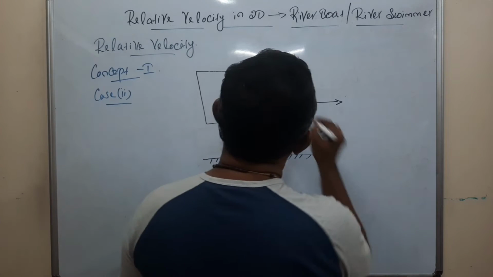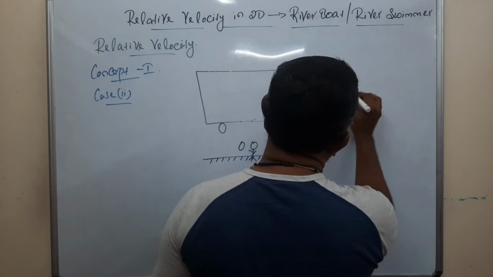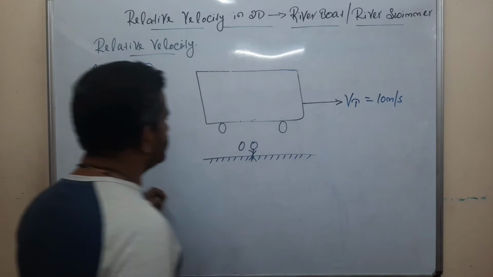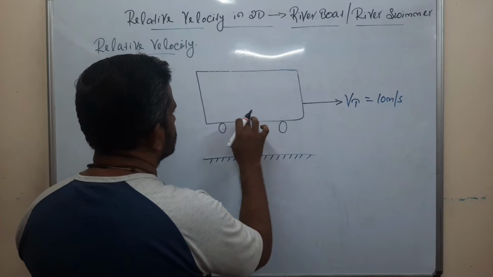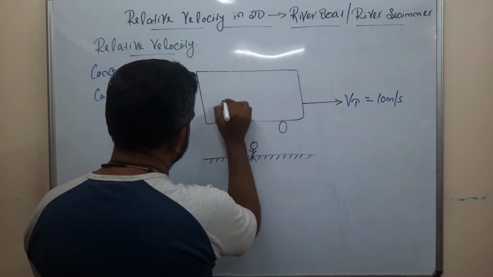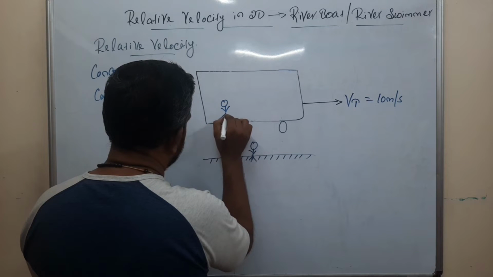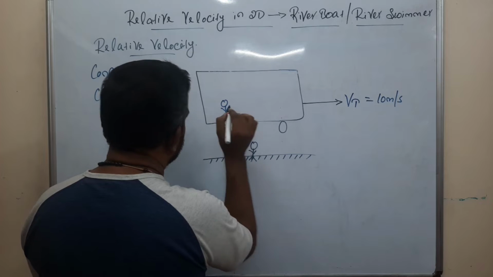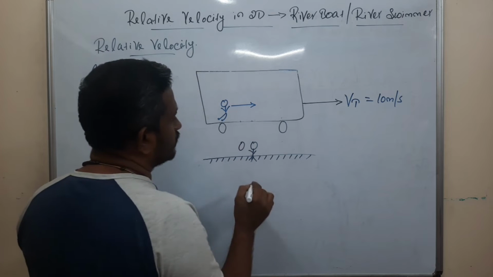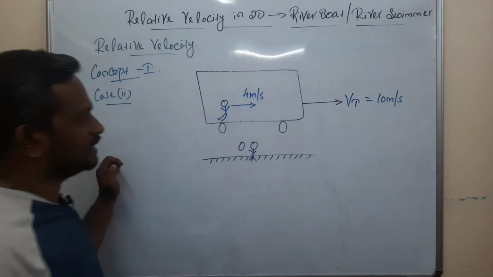The train is moving, that is, the velocity of the train is equal to 10 meter per second. The passenger inside the train is running inside the train. He is running in the rightward direction with a velocity of 4 meter per second.